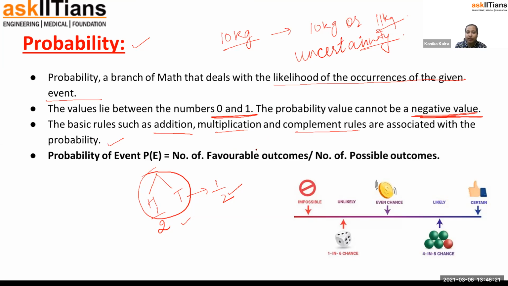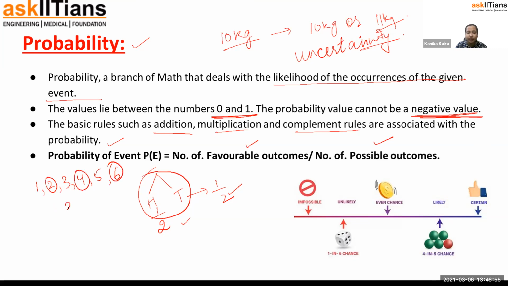So probability of an event E is given by number of favorable outcomes divided by total number of possible outcomes. For example, if I say there is an event of rolling a die. Now we know that on a die there are six numbers: 1, 2, 3, 4, 5, and 6. So if I want to find the probability of getting an even number, how many even numbers are present? 2, 4, and 6.